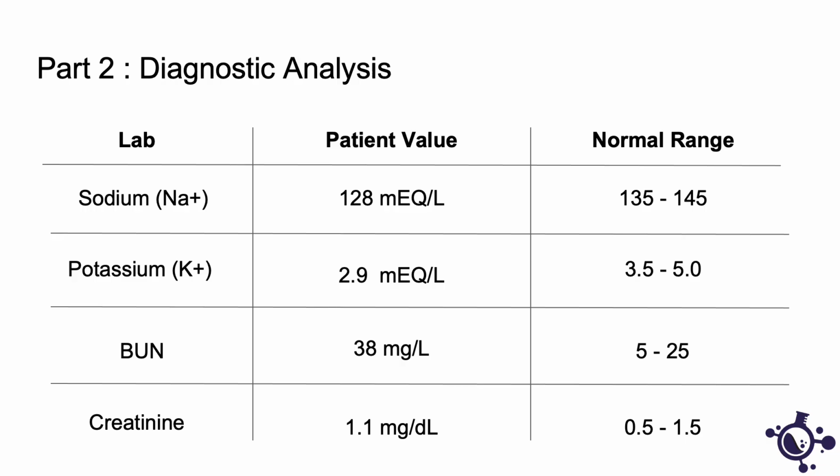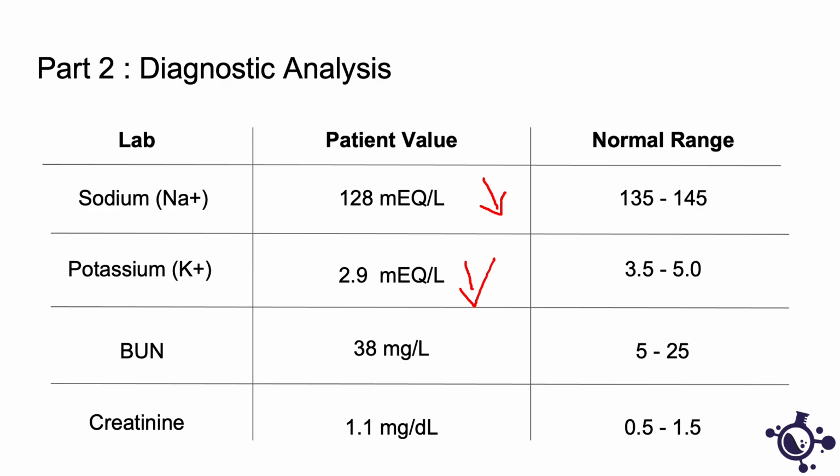So you did some blood work initially, and now the blood work is back, and we see that Miss Gertrude's sodium is 128, and the normal range is 135 to 145, right? So this is a low value. And then we have potassium, which is 2.9. The normal range is 3.5 to 5, so this is also low.